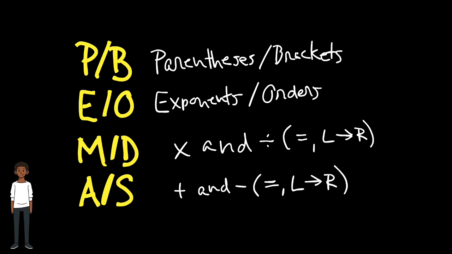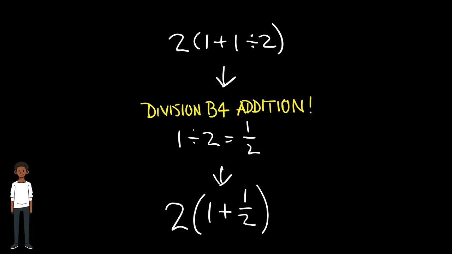This is where millions of people get confused. Multiplication does not automatically come before division just because M comes before D in the acronym. They share equal rank and must be evaluated strictly from left to right as they appear. The same rule applies to addition and subtraction, but critically, all multiplication and division must be completed before any addition or subtraction.